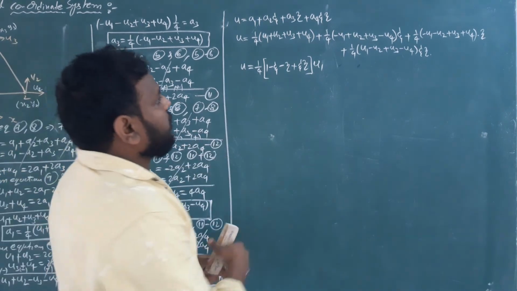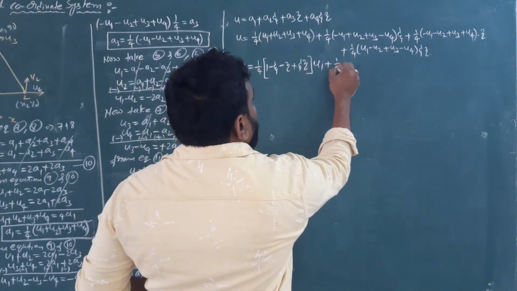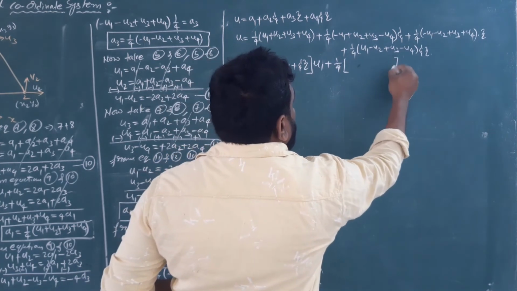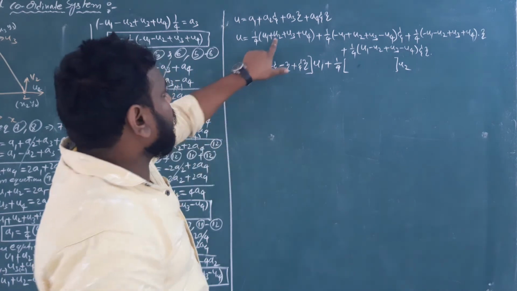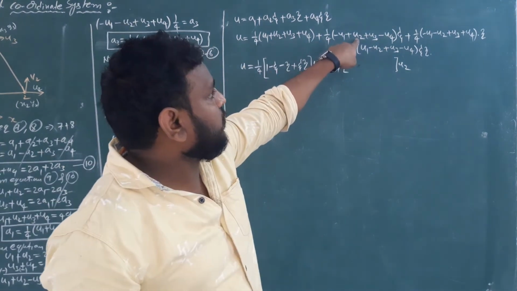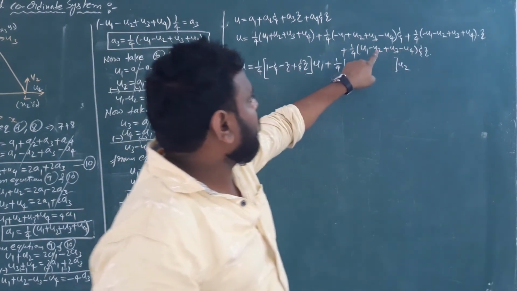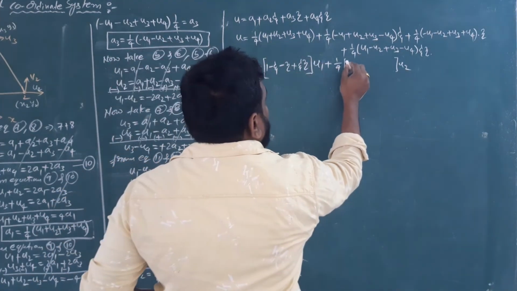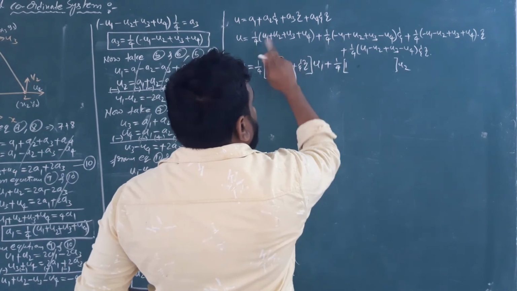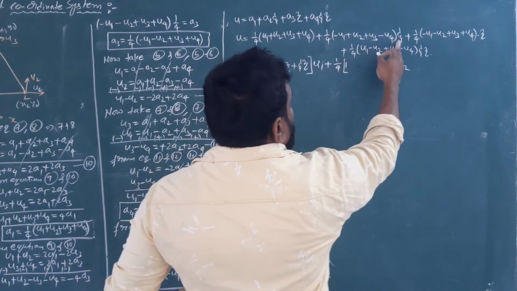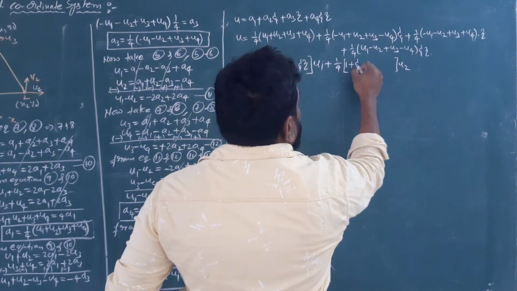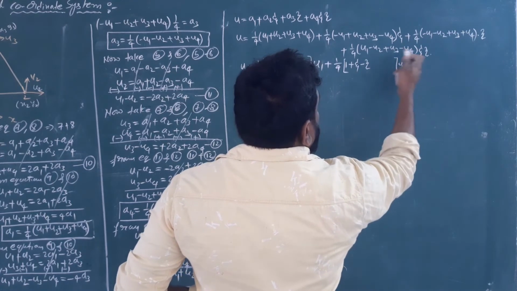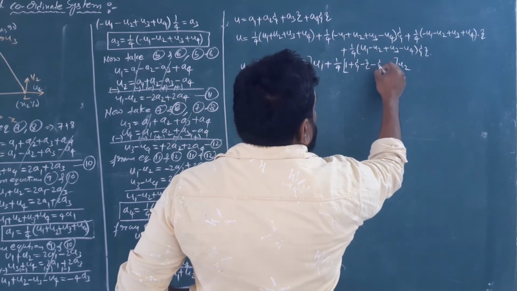Next, 1 by 4 is also common, so now take outside u2. Here u2 is there, u2 is also here, and u2 here, and u2 here. So after taking outside u2, the value is 1, and here plus j, here minus eta, here minus j eta.